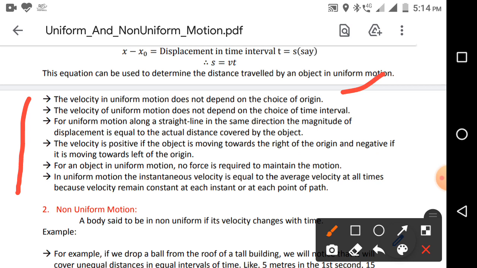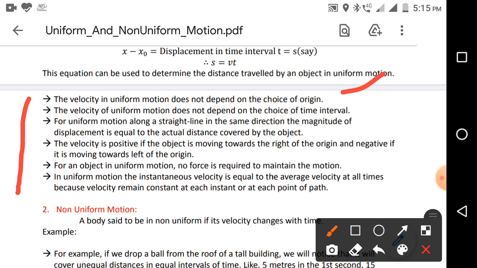It is following a straight line, so the displacement will be equal to the actual distance covered by the object. Then the velocity is positive if the object is moving towards the right of the origin, and negative if it is moving towards the left of the origin, as we have discussed in displacement properties.